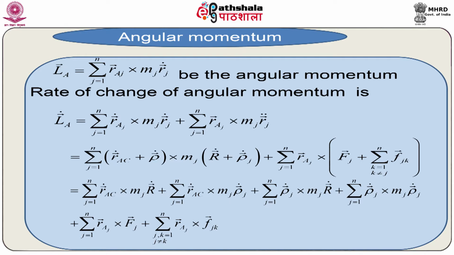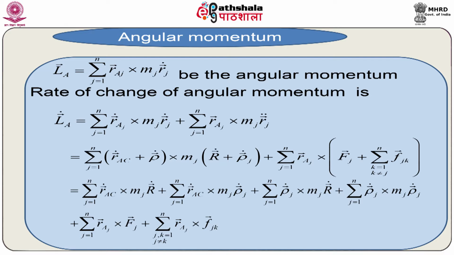Now, let us calculate the last term here. As mass mj attracts the mass mk, similarly mass mk attracts mass mj. So, instead of fjk vector, one can replace it by fkj vector, which is the force of attraction, internal force.